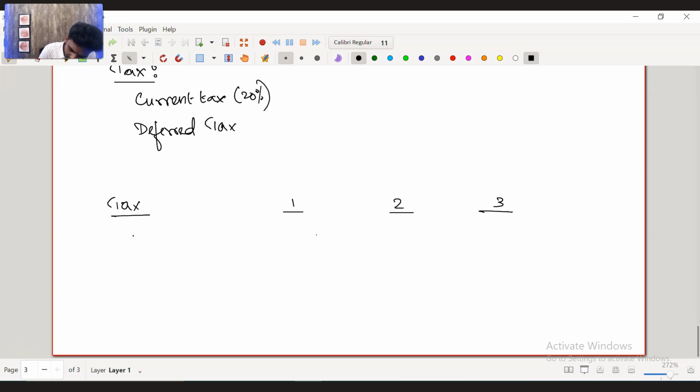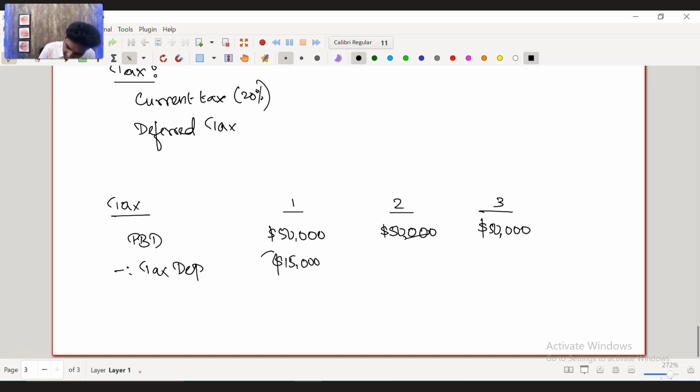So profit before depreciation is 50,000, and here also 50,000. Minus, you will reduce the tax depreciation. What is your tax depreciation? 15,000, 15,000, and 0. Now look at here. What is your profit before tax?